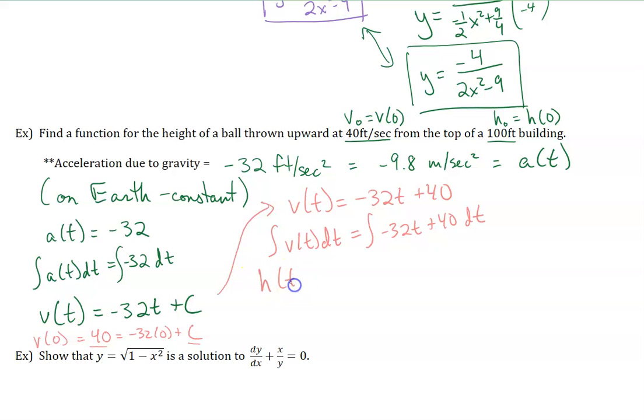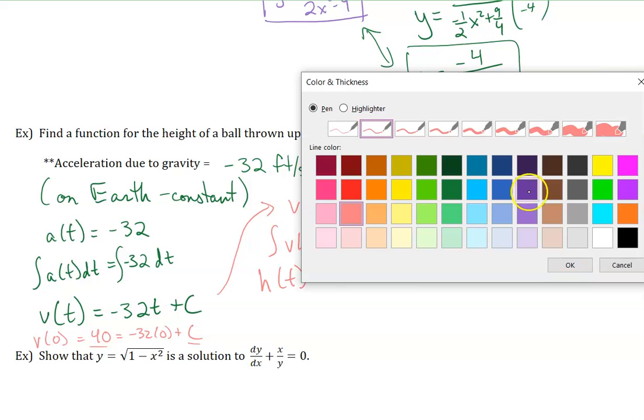So h of t is equal to, with the power rule, negative 16t squared plus 40t plus some constant. And again, we have an initial height. We know that the height at time 0 is 100 feet.